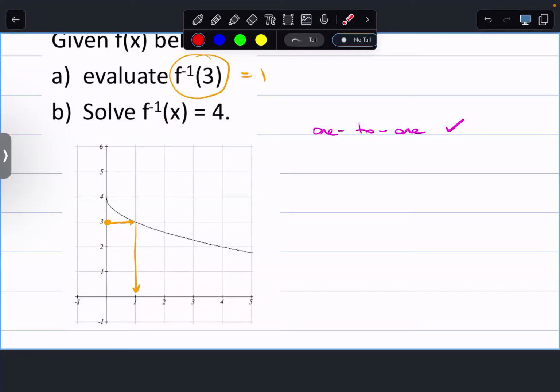So what we're going to do here, I'll use green, is, okay, I need it to map to 4. And to map to 4, I need an input of 2. So then x must be 2.